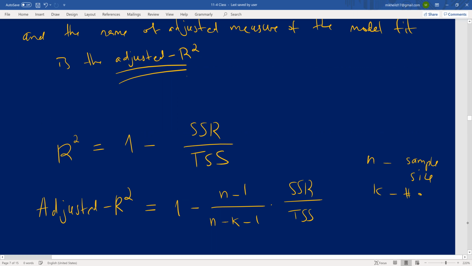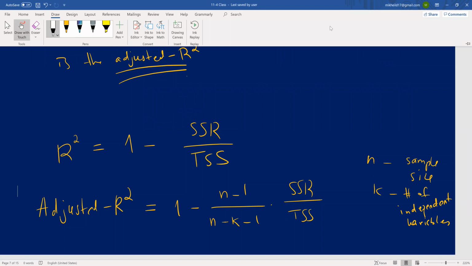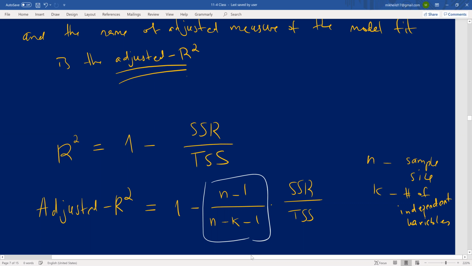Number of independent variables. And so therefore, what do you think is the adjustment here? This is the adjustment term.